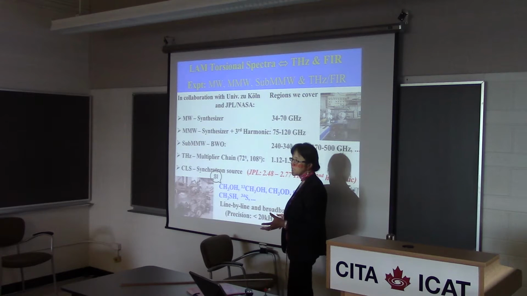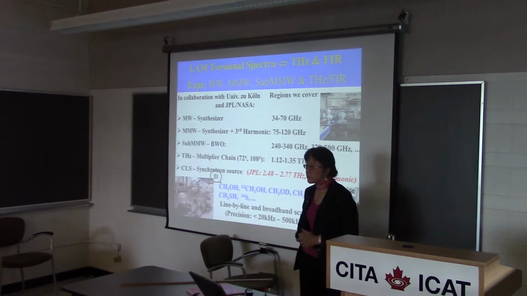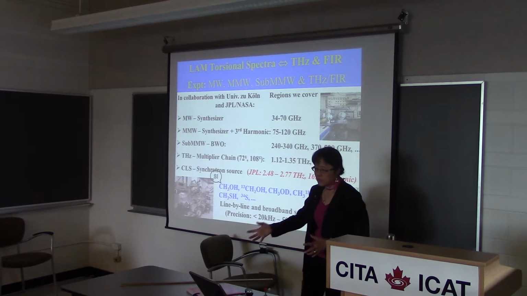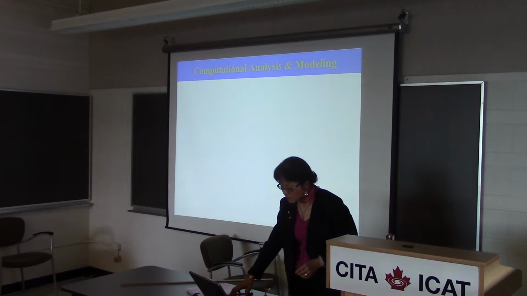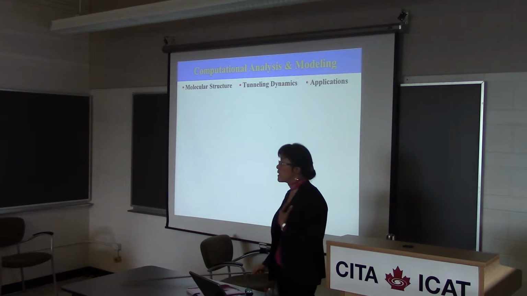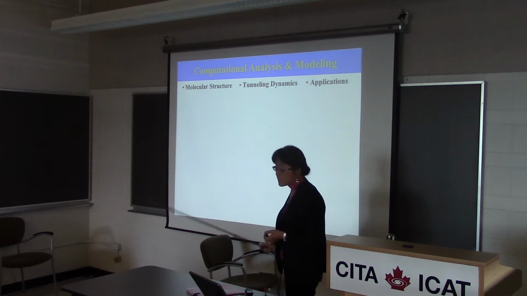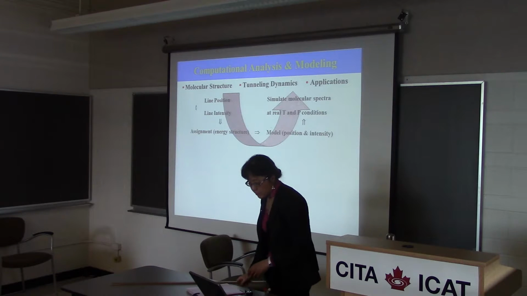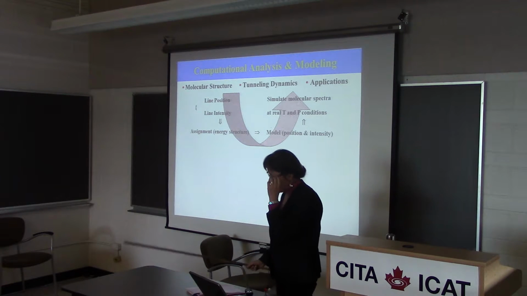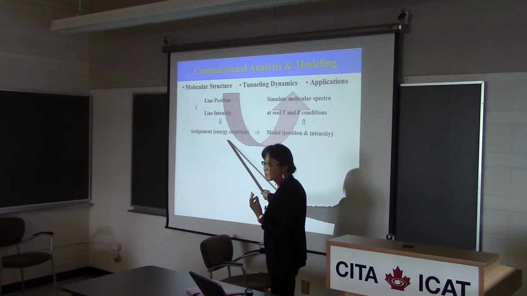Experimentally, we measure as best we can, and then theoretically, we want to reproduce the lines to this accuracy and then generate a line list. Fundamentally, what we ultimately want to understand is the molecular structure and tunneling dynamics. Once we get the spectrum, we have line positions and line intensities, and then we perform the quantum assignment, attaching quantum numbers.